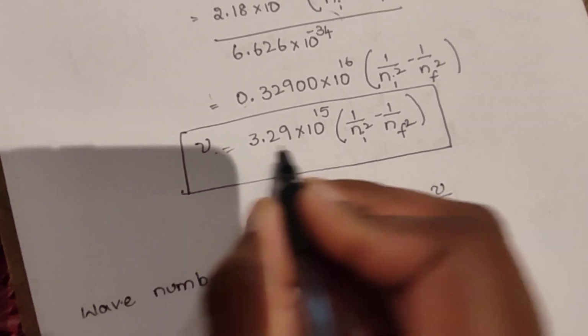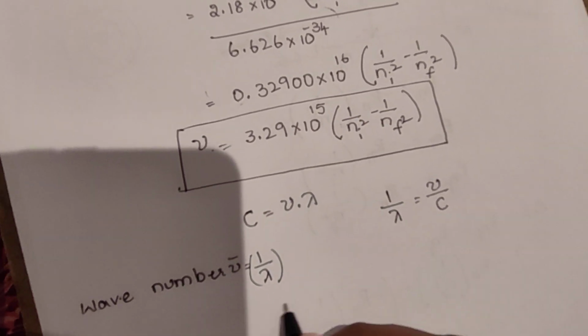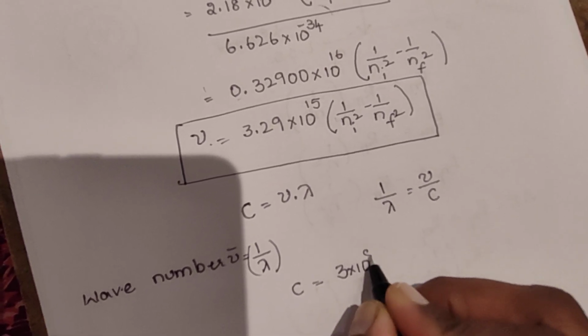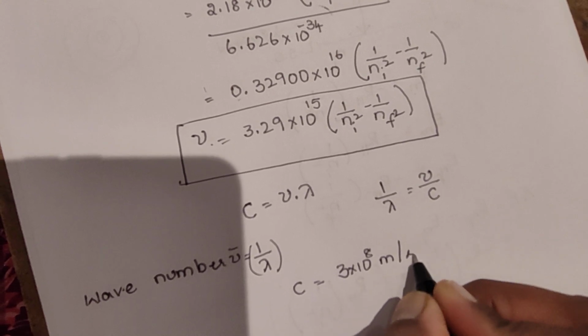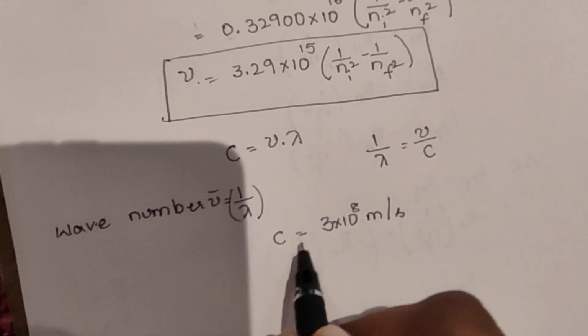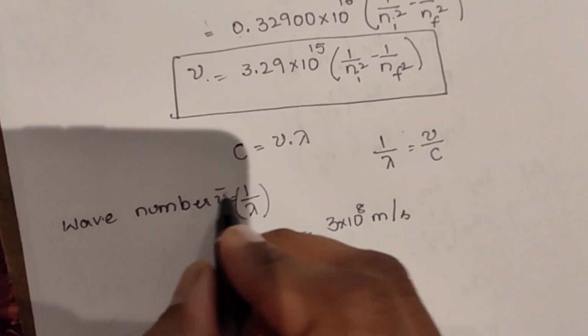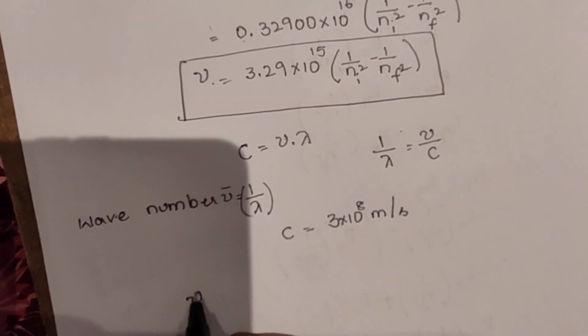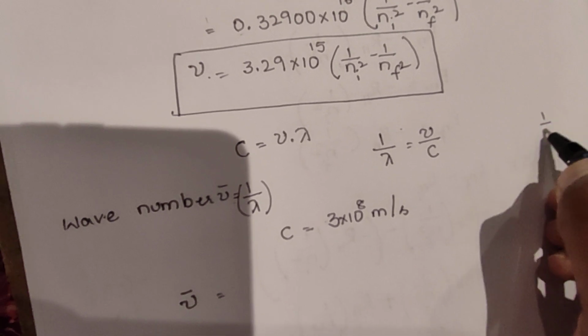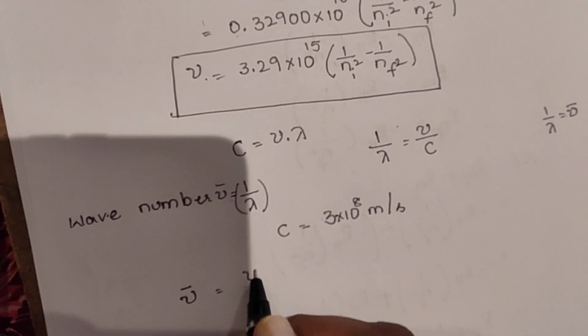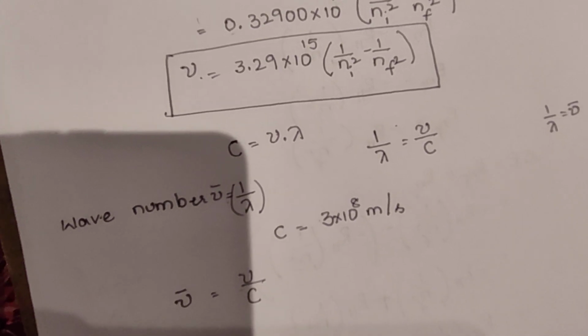We also know the frequency and velocity of light c is equal to 3 into 10 power 8 meters per second. So by substituting this one in the formula, 1 by lambda is nothing but nu bar. So nu bar is equal to frequency by velocity of light.